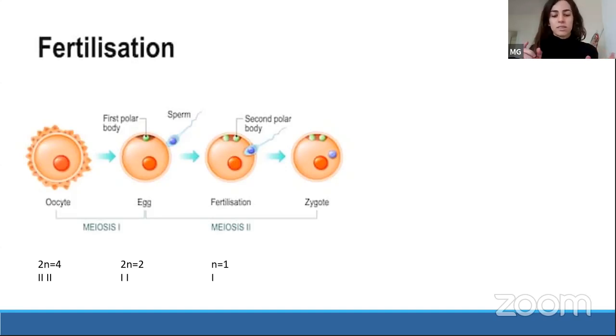So to further illustrate what I was saying, sorry, this picture is coming out a little blurry. Meiosis is in two parts, meiosis 1 and meiosis 2. In meiosis 1, one polar body is generated. The polar body is essentially the genetic material that the egg does not need.